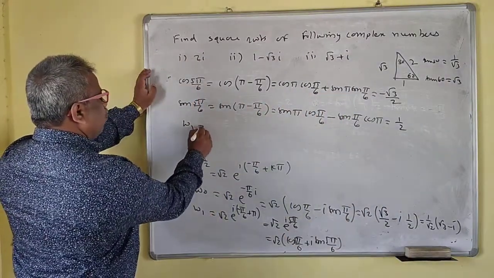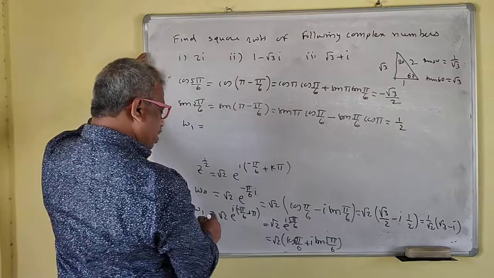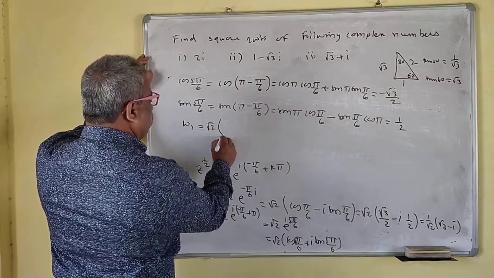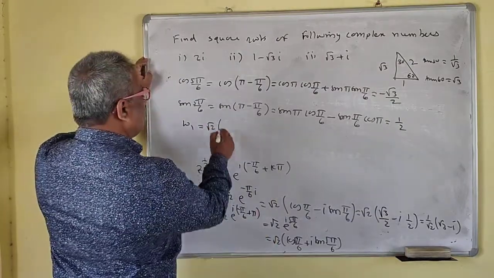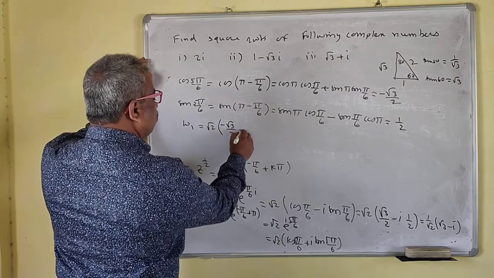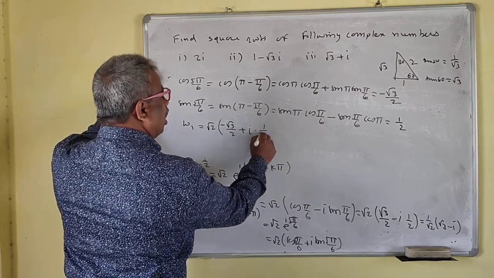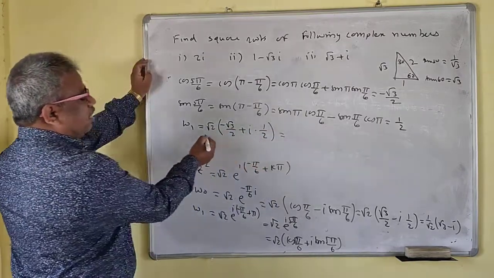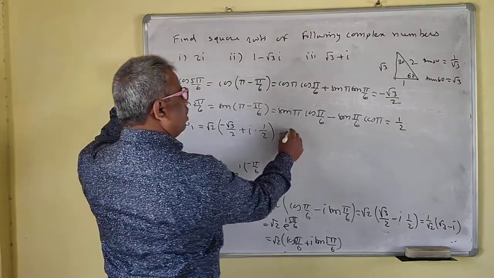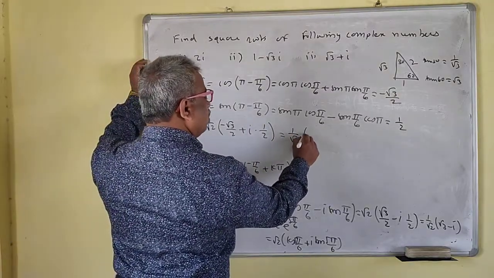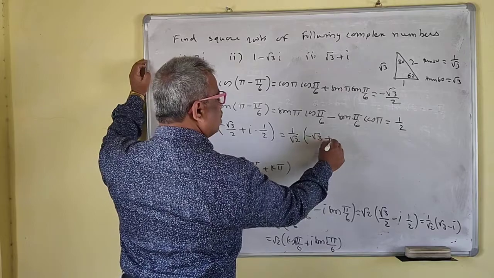So your omega 1 is the same as what? Root 2 into, what is the value of cos 5 pi by 6? Minus root 3 by 2 plus i into half. Okay, again I will take the root 2 common. So what we get? 1 upon root 2 here, so minus root 3 plus i.